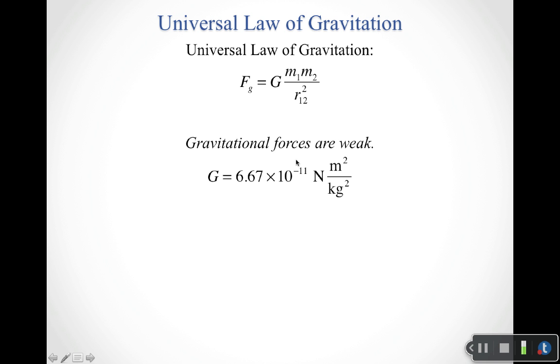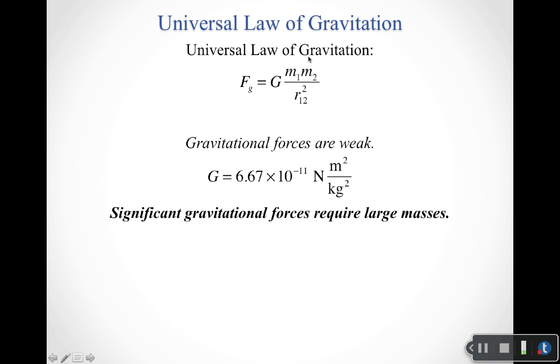It's incredibly tiny, so gravitational forces end up being very weak. If you want to feel gravitational forces, you've got to have large masses. That's why the only gravitational force that matters for us is the one due to the Earth. The Earth is our closest large mass.